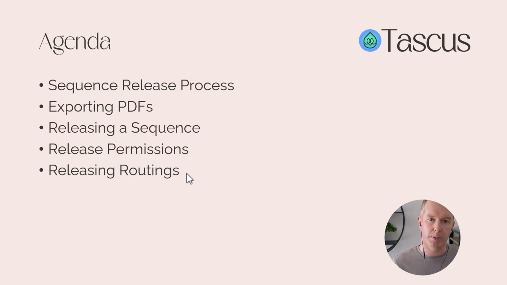You need to apply permissions for the user who's going to edit the sequence and release the sequence, although a user can have both. And then finally, you can also release manufacturing routings as well as sequences to lock in for a manufacturing operation which sequence runs.